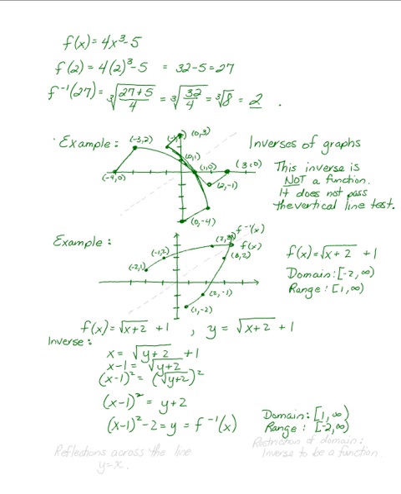Now, having this restriction right here on our domain from 1 to infinity only gives us the right side of our parabola. So there is actually a restriction on the domain, and this restriction allows us to actually have a function for our inverse.